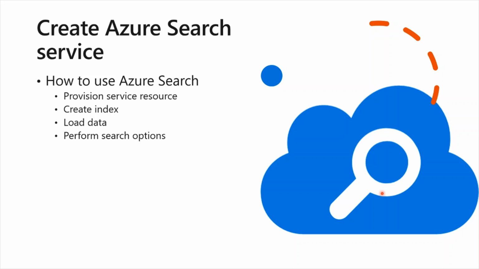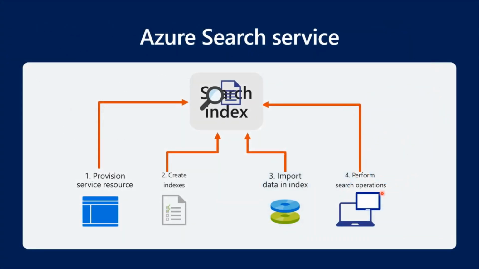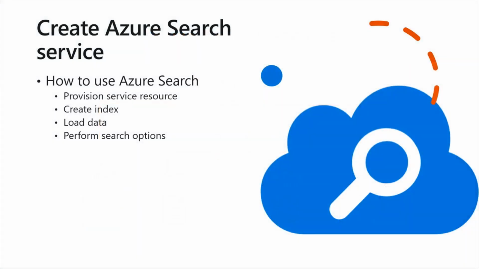And then once you have provisioned service, you need to create index. We saw here, the second step was to create index. So to create index, before you can upload searchable content, you must first define an Azure search index. An index is like a database table that holds your data and can accept search queries.